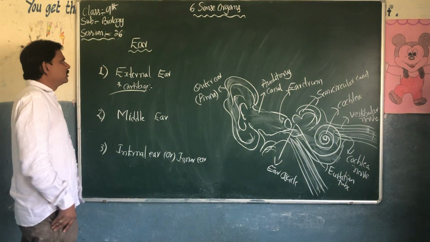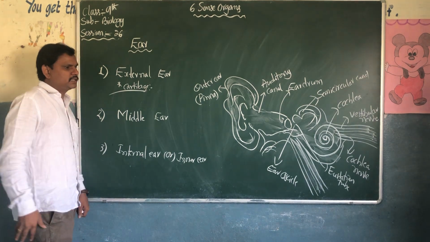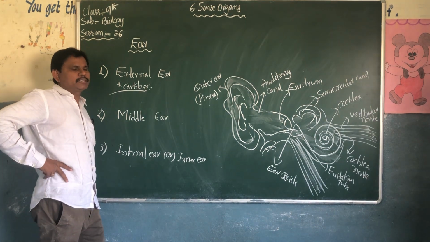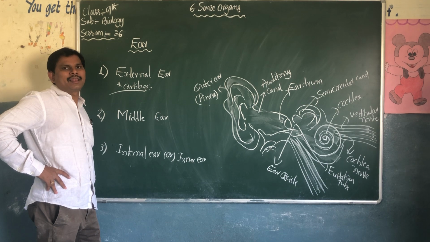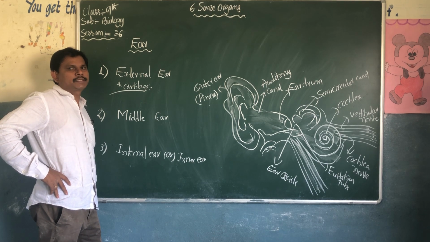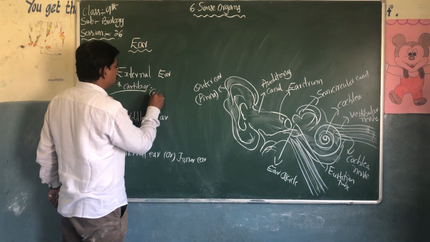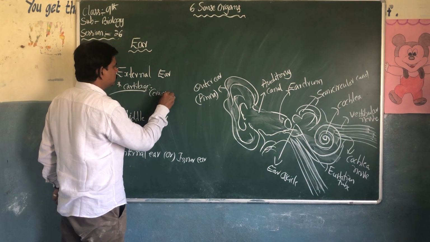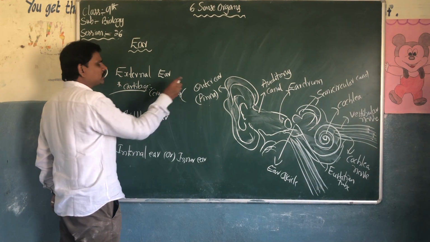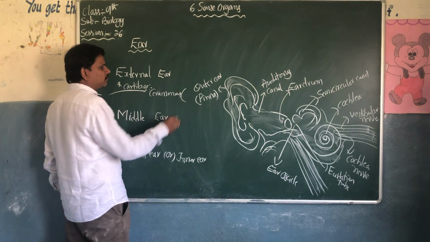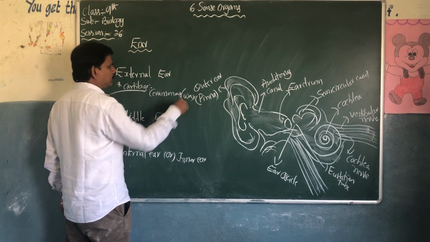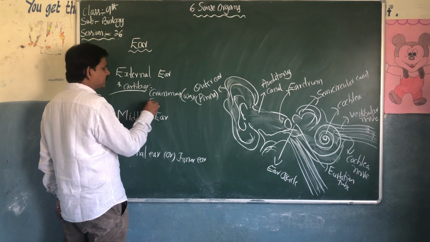In this external ear we can see ceruminous and sebaceous glands. Ceruminous glands produce wax, and sebaceous glands.